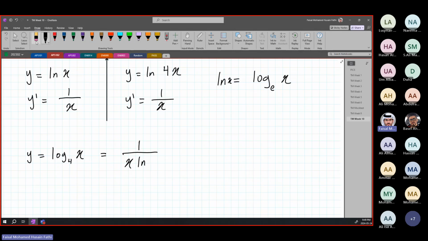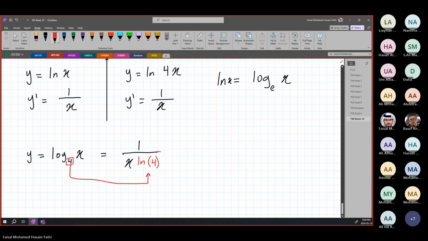So this base 4, you're going to get times ln 4. This is the only difference. It doesn't matter what the base is or which log you have, this is how you do it.